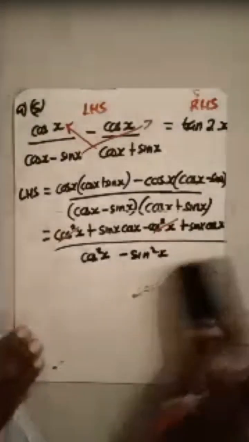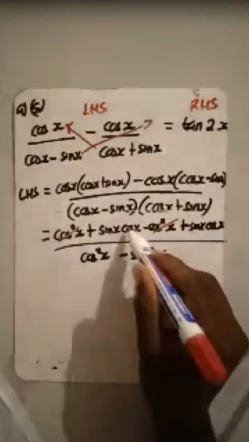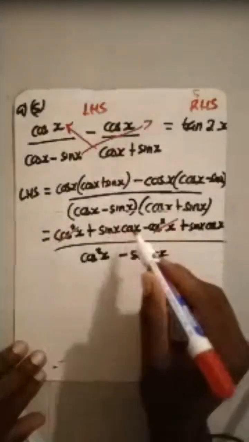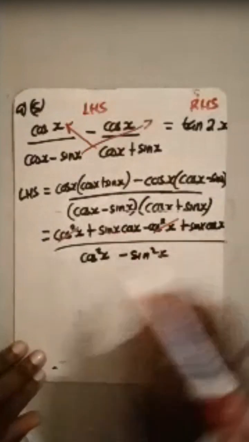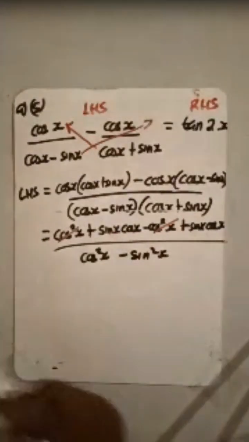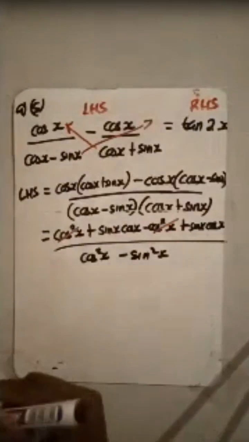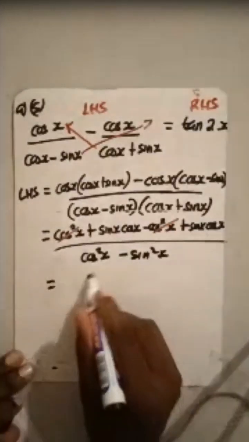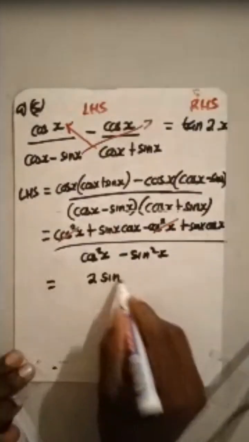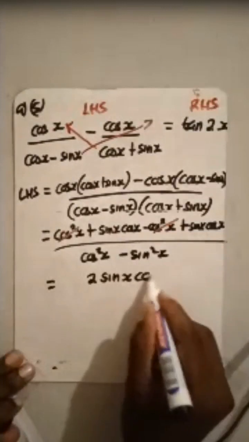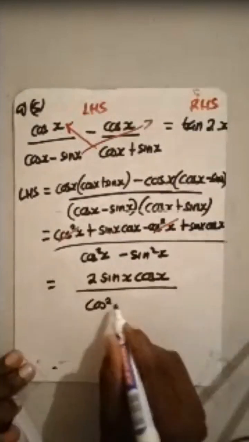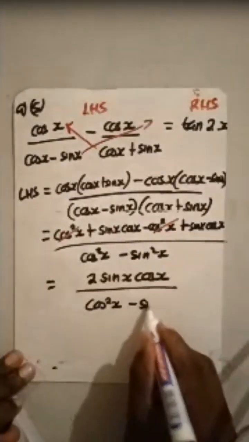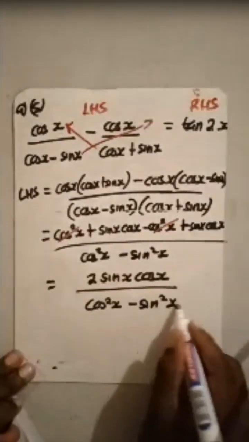Okay? So now these ones are like terms. Sine x cos x plus sine x cos x. It's a like term. Then it means we are going to get 2 sine x cos x over cos squared x minus sine squared x.